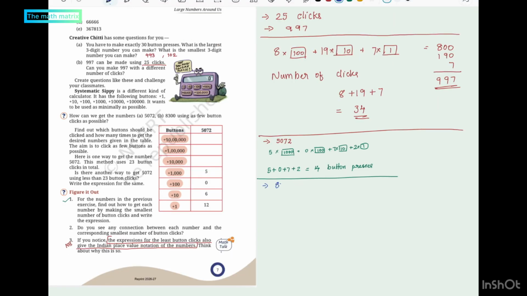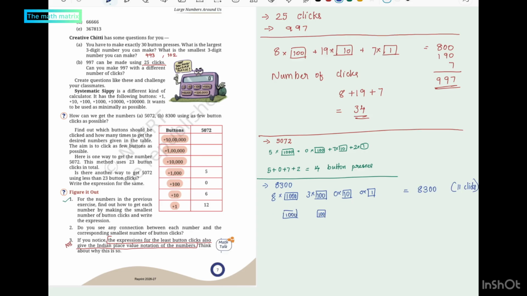Next we have the number 8300. Write the possible buttons: thousands, hundreds, tens and ones. We can use 8 thousands and 3 hundreds, 0 tens and 0 ones. So it will make 8300 in 8 plus 3 equal to 11 clicks.